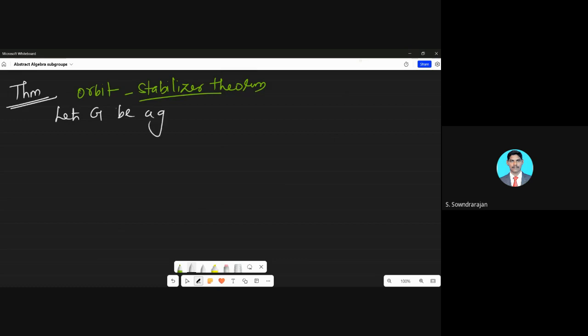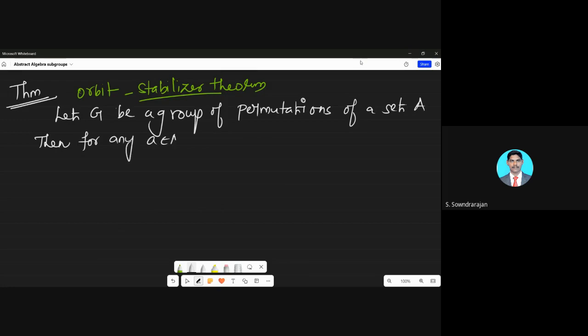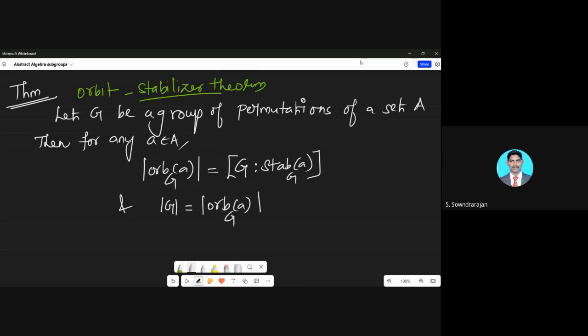Let G be a group of permutations of a set A, then for any a belongs to A, the orbit of a under group G equals the index of the stabilizer, and the number of elements in group G equals the product of the orbit of a over G and the stabilizer of a over G.